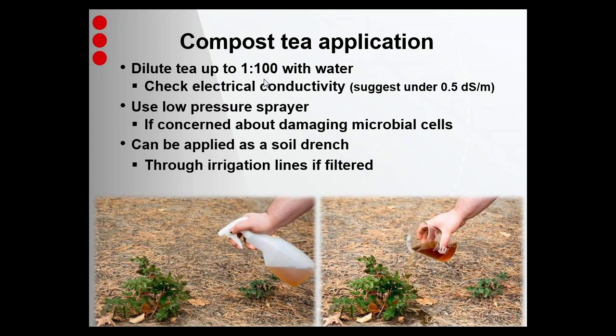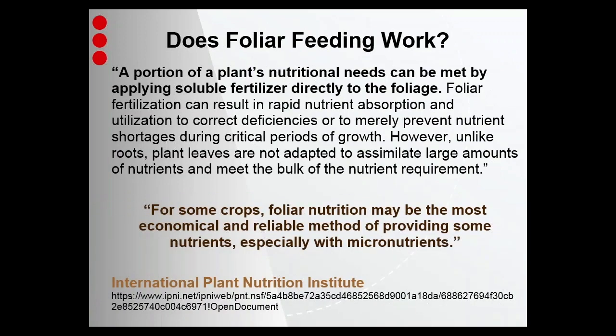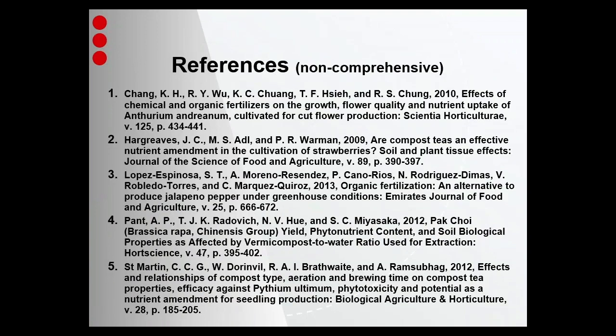The other thing to keep in mind is it's a very good idea to dilute your tea with water up to 1 in 100 times. And just a quick note that foliar feeding is actually a fairly effective way to get micronutrients in small quantities into your crop. We've got a few references for you if you would like to take a look at those.